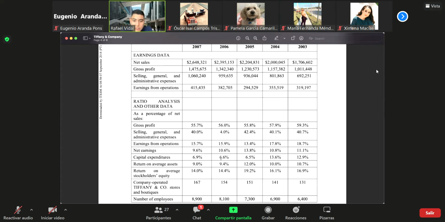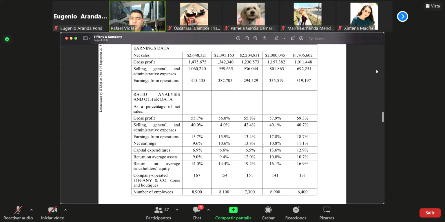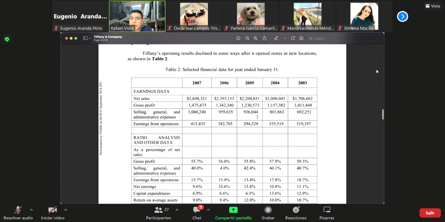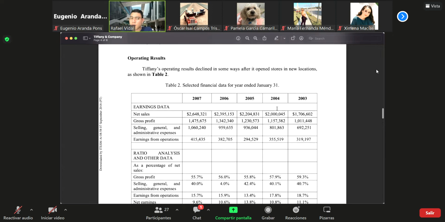So we can see the numbers here. In these 2 years, it was cut in half, and we are going to see why. Not right now, but that's an interesting insight. In these 2 years, this was increasing, and then it decreased, and it started to increase again. So something happened between 2004 and 2005.